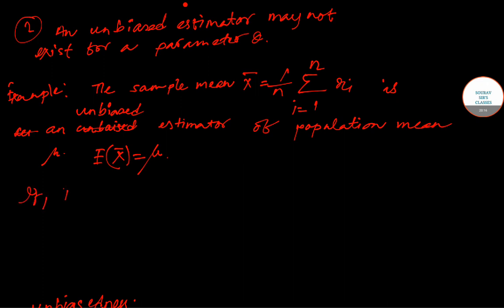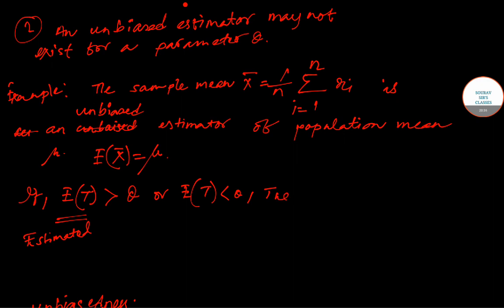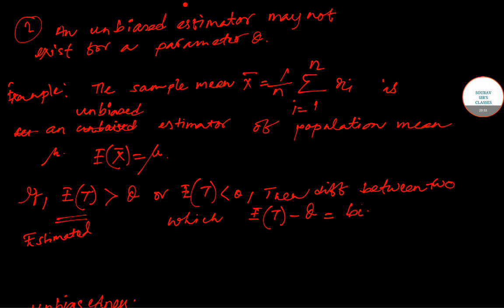And if the expectation of T, which is the estimator, is greater than theta or less than theta, then the difference between the two, which is the expected value of T minus theta, is equal to the amount of bias.